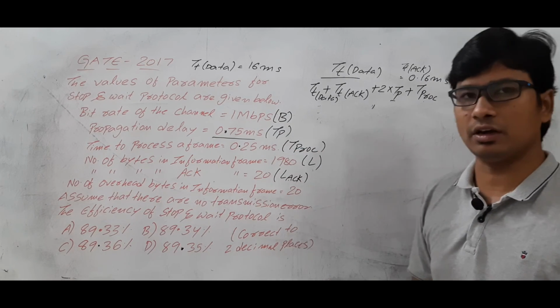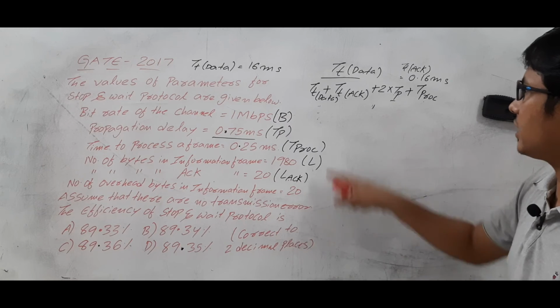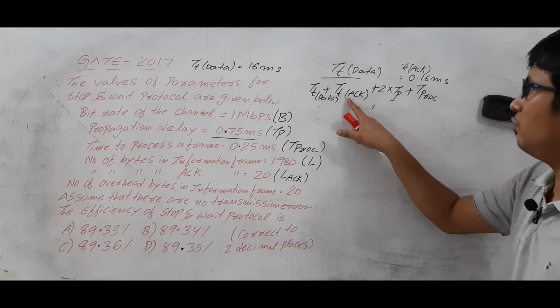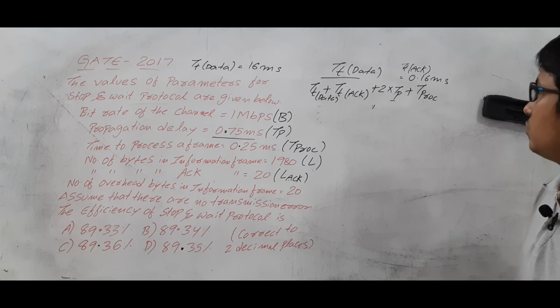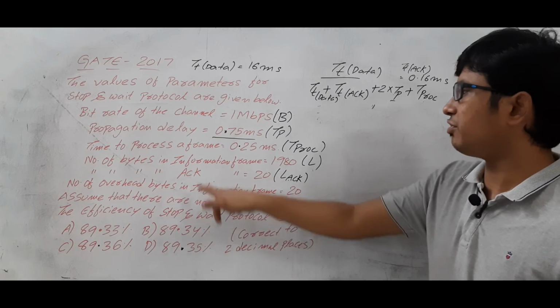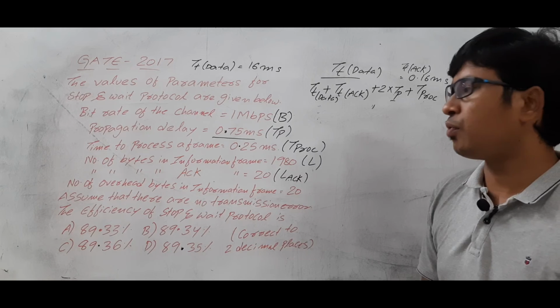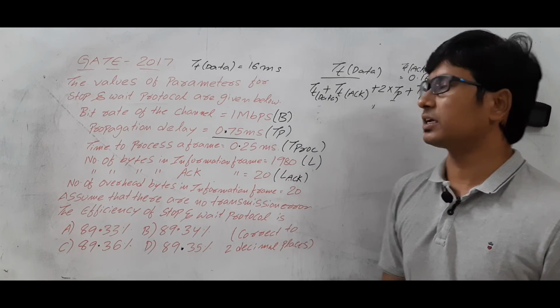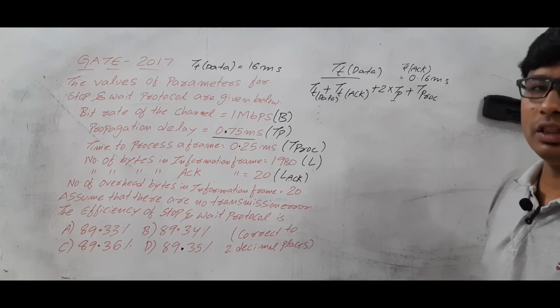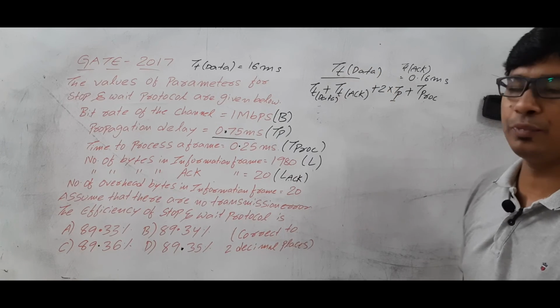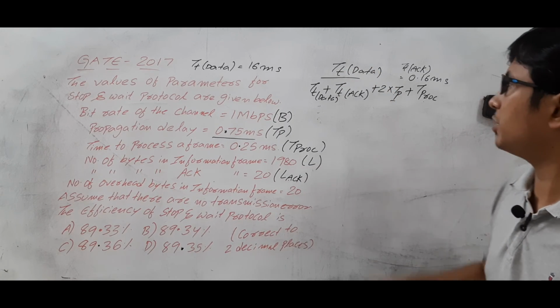However, they have given the propagation delay directly. So we got this value, this value, and this value. And what is the processing delay for a frame? They have given the processing delay as 0.25 milliseconds. So we got all the parameters to compute the efficiency of a stop and wait protocol.